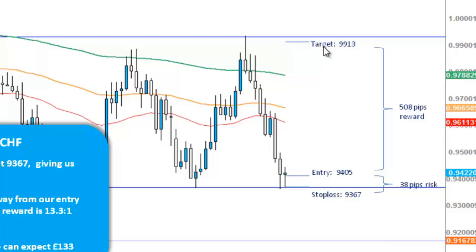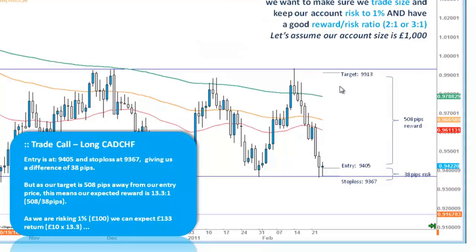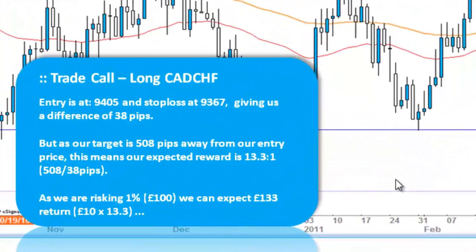So whilst we've got 508 pips projected reward here, and only 38 pips between our entry and our stop loss, we can divide 508 by 38, giving us a reward to risk of 13.3 to 1, which is fantastic. And this is the kind of profile which we typically look to get, providing the market actually gives it to us.